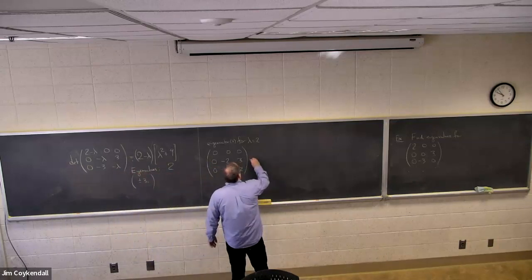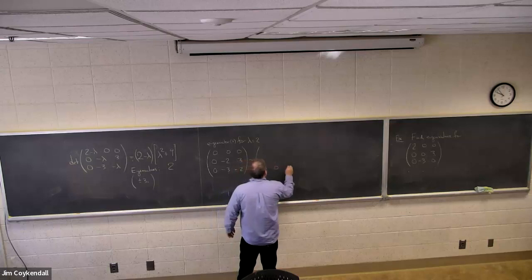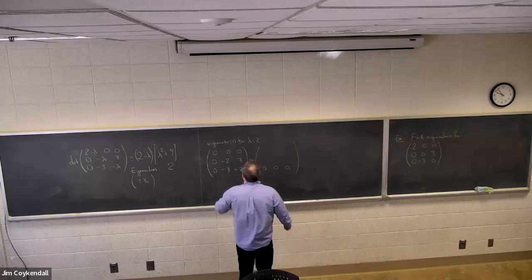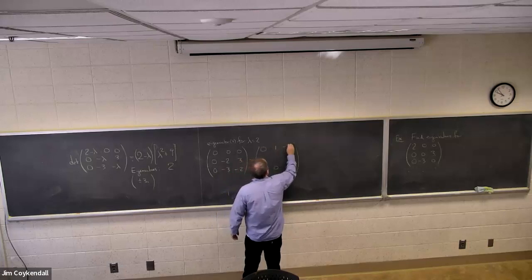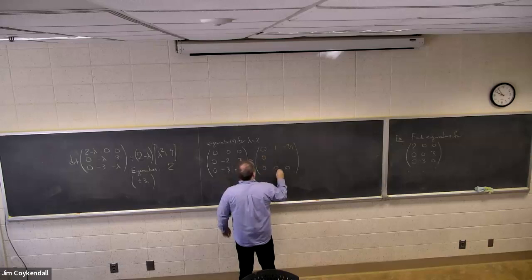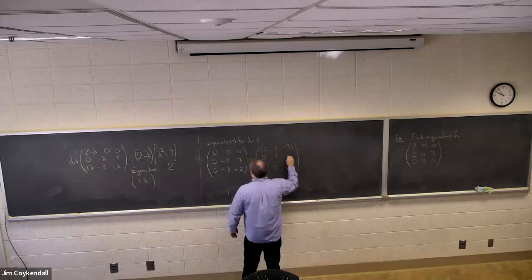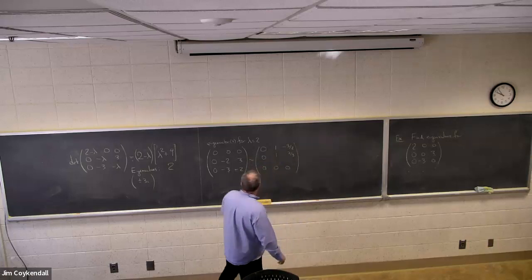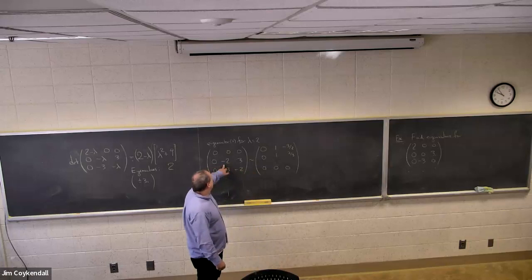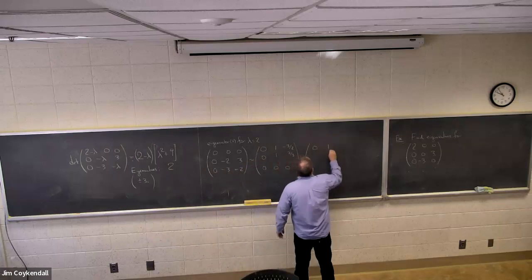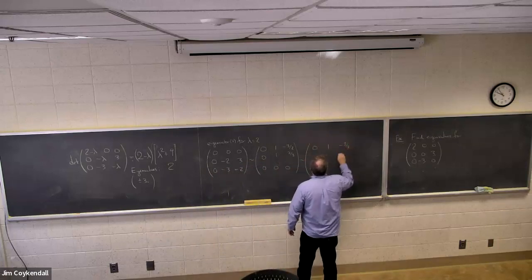I'm going to put the zeros on the bottom and this on top. Then I scale the rows, and this reduces to 0, 1, minus 3 halves.